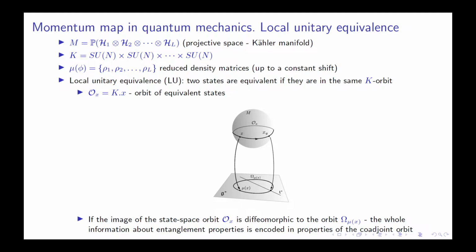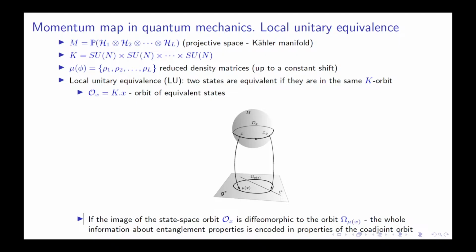And to this orbit there corresponds an orbit in this dual space to the Lie algebra. Actually, this orbit is characterized by its intersection with something called the Cartan subalgebra.